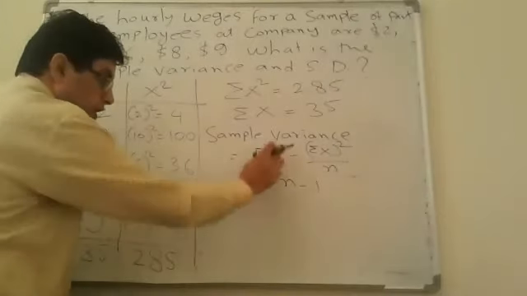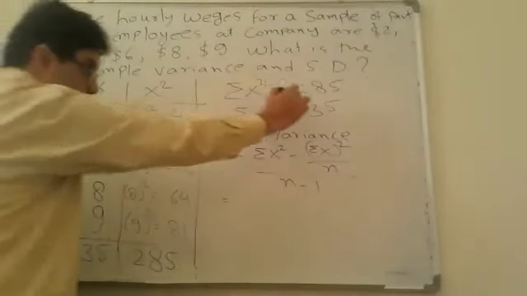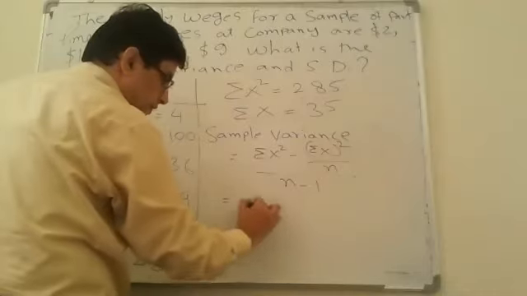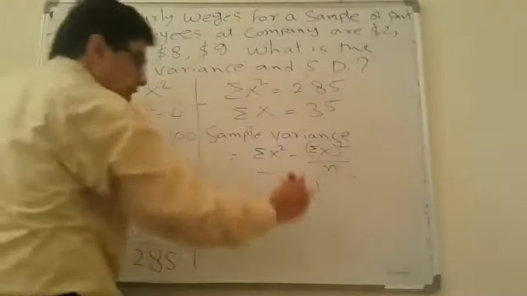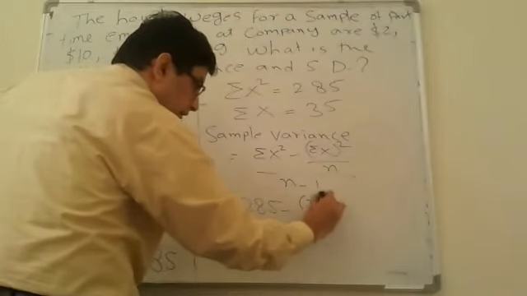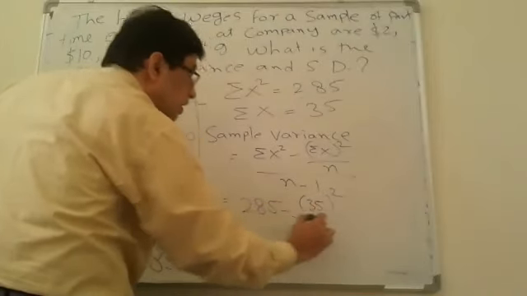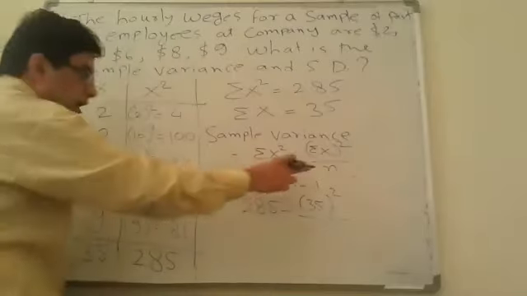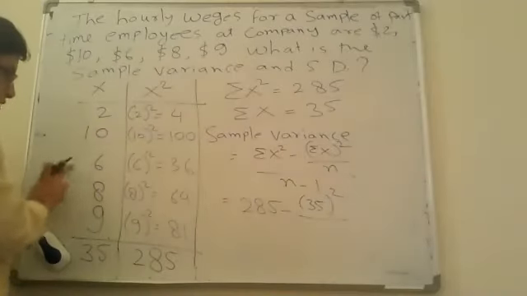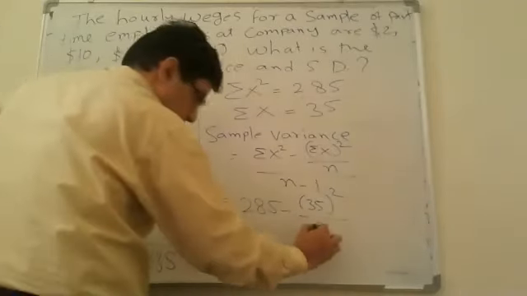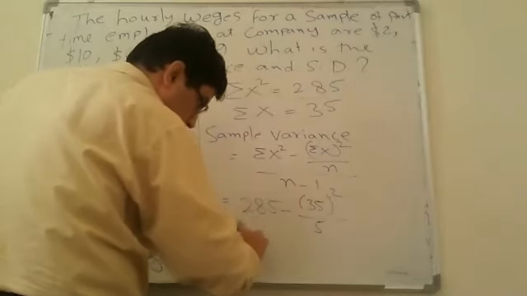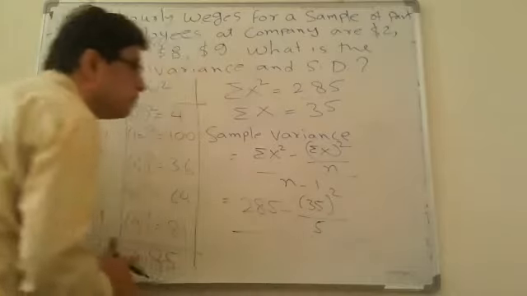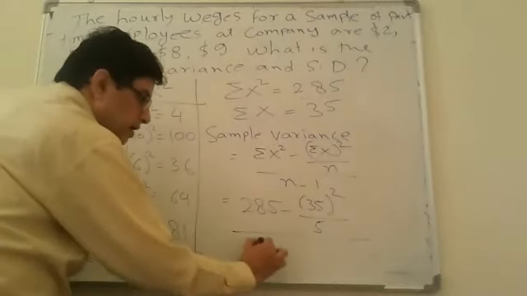So total of x square is 285, minus total of x, 35, squared, divided by n, which is 5, and then divide the whole by 5 minus 1.